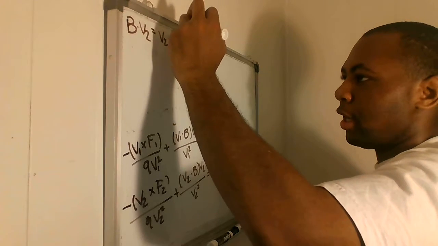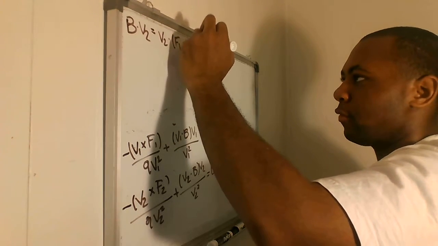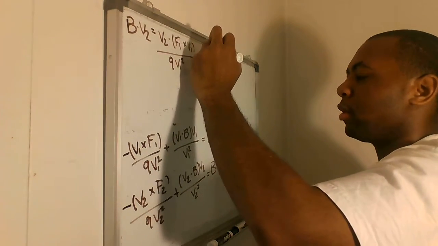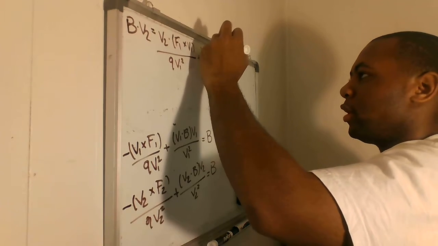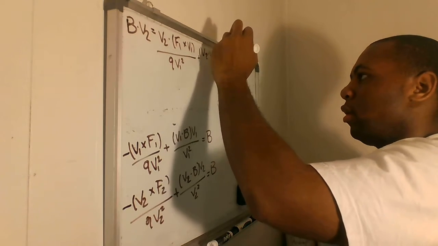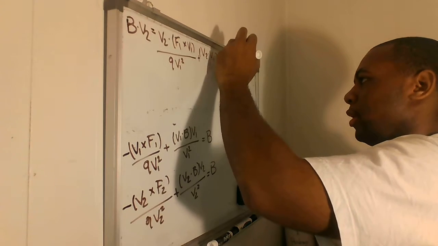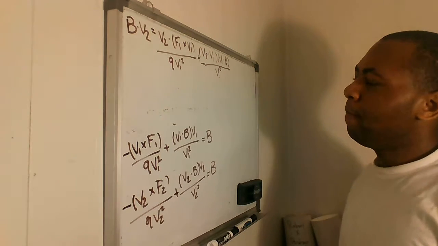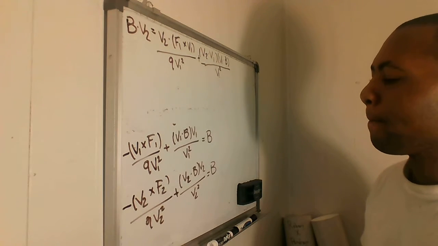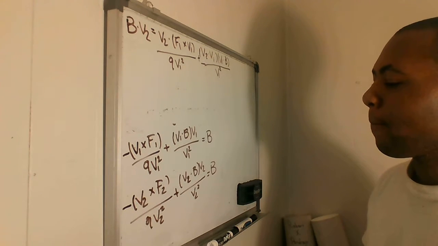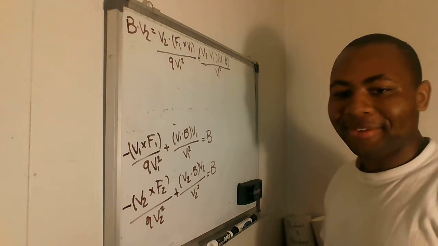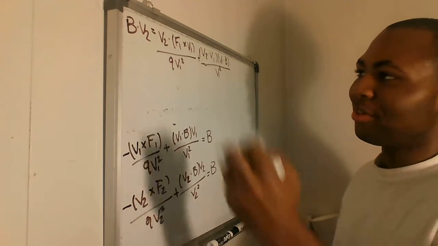So V2 dot F1 cross V1 over Q V1 squared plus V2 dot V1 dot B over V1 squared. We found it. We found how to make this one equation.